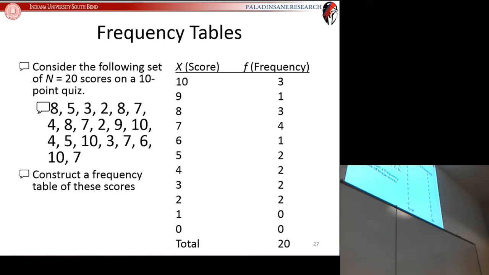But if I go to the frequency table, then I can see here that we have 1 individual that scored 6, 2 that scored 5, 2 that scored 4, 2 that scored 3, 2 that scored 2, so that's 2, 4, 6, 8, 9 individuals. 9 people should show up to tutoring. So it makes it very easy to deal with these types of questions. It makes it very easy to access and be able to interpret your data.